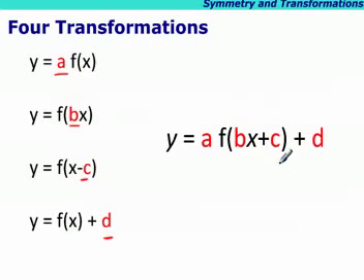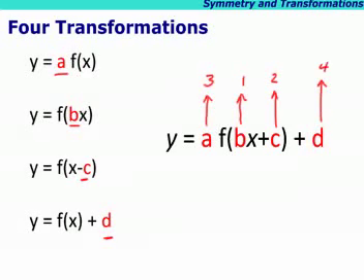So I look at what's inside of brackets: multiplication first, and then addition. That would be the first transformation I look at, then the second. Then I have this expression being multiplied by something, which is the third transformation, and finally this would be the last one.